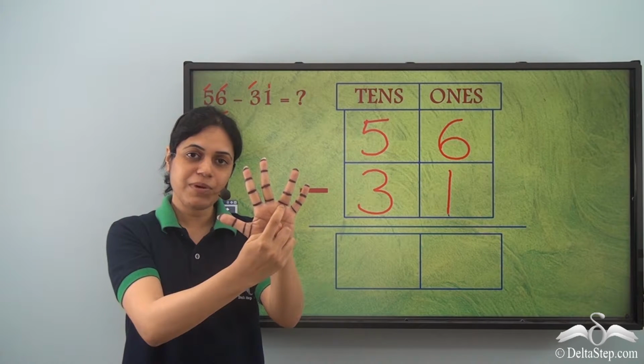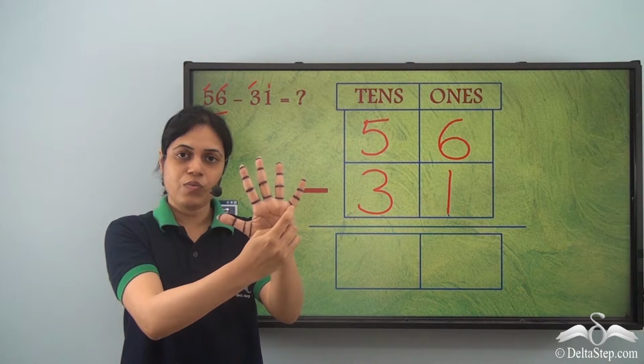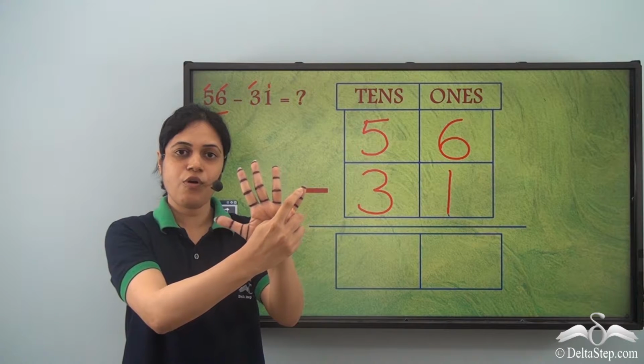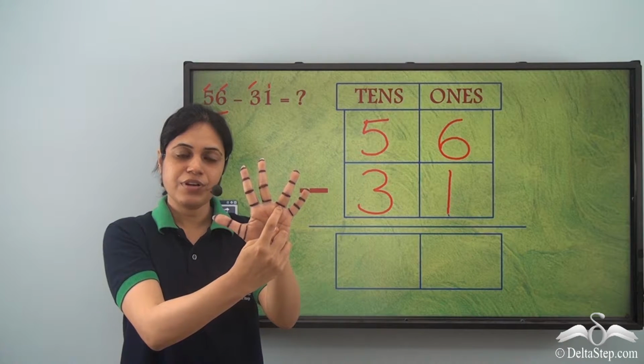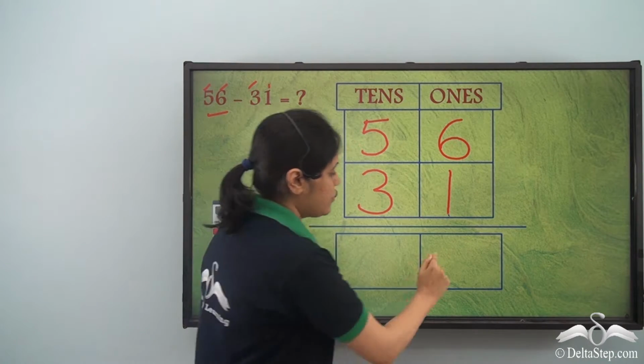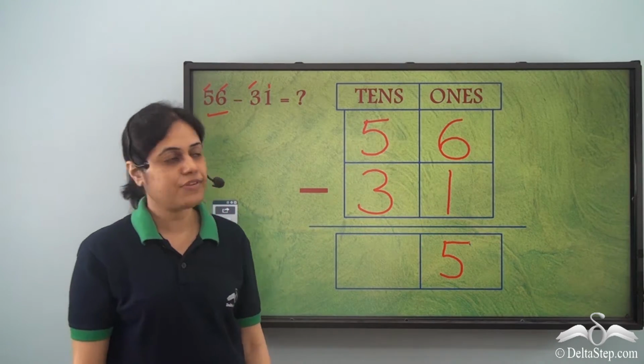How many finger marks have I used? Let's count from 1. 1, 2, 3, 4, 5. So I've used 5 finger marks. So this answer is 5.